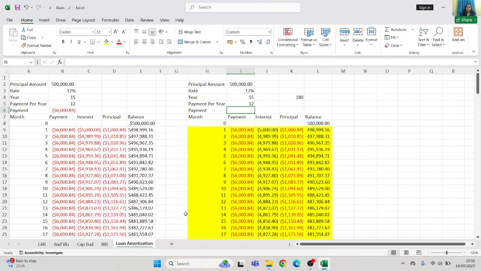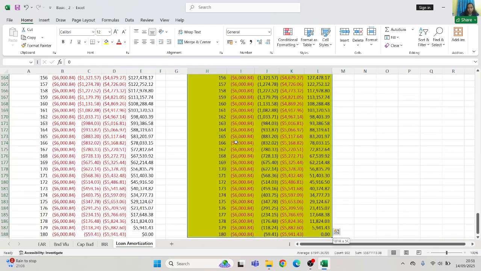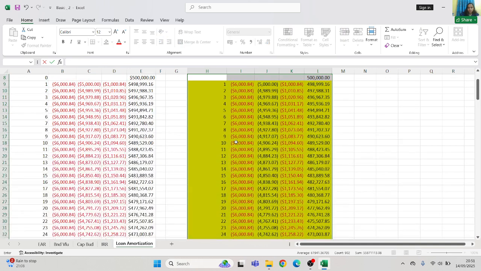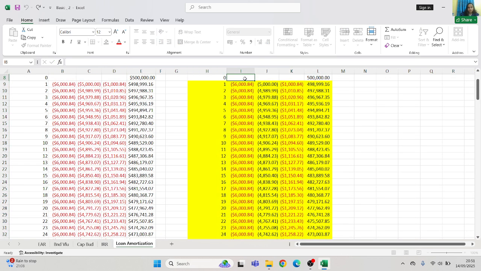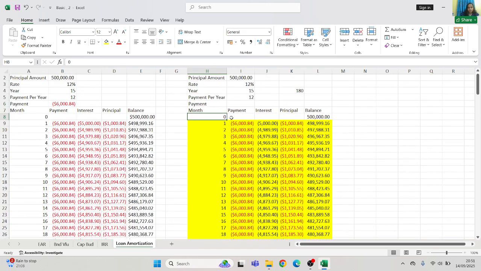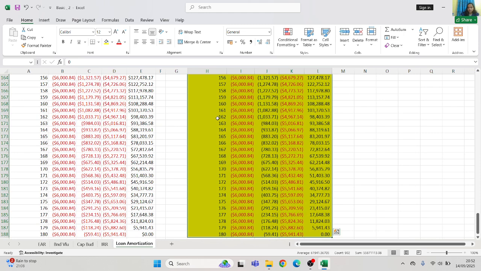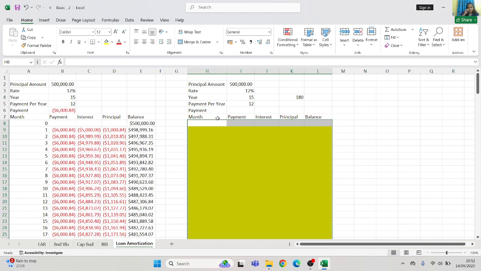In this Excel sheet, now we show the loan amortization. First we have to delete what we previously did.